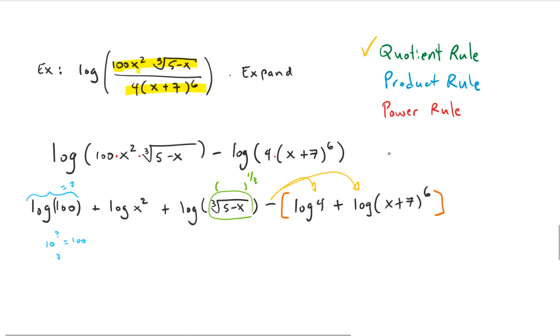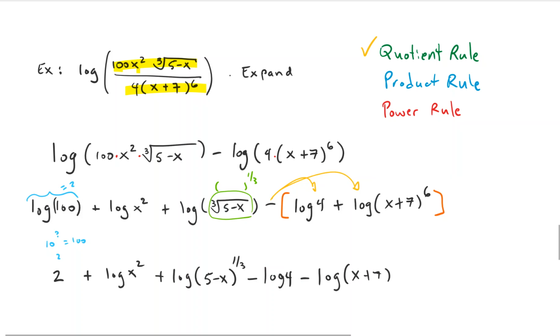So we have 2 plus log of x squared plus log of 5 minus x to the 1/3 power, minus log base 10 of 4, minus, so we're distributing that negative through the second term as well, log of x plus 7 to the 6th power.